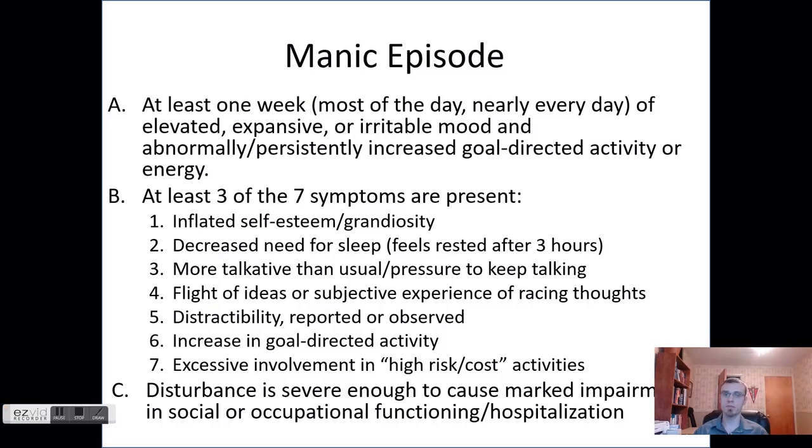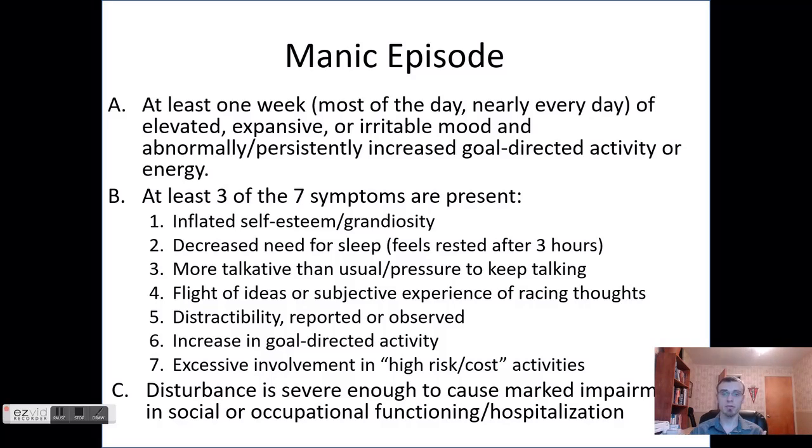Now, what's really important to distinguish a manic episode from hypomania, which is the less severe form, is the disturbance is severe enough to cause marked impairment in social or occupational functioning or cause them to have to be hospitalized. So we're seeing here that these symptoms are so severe, so powerful, that this person is beginning to, over time, lose functionality.